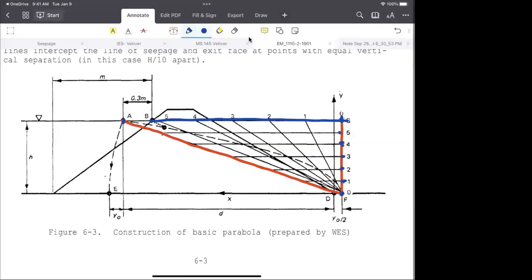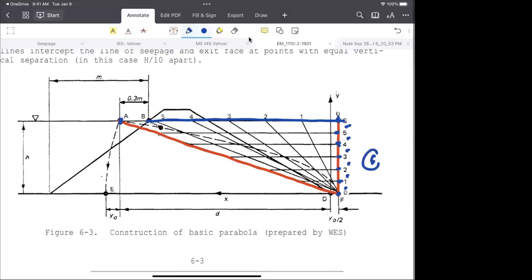So 1, 2, 3, 4, 5, 6: 6 different points. If we break G and F into 6 points, we also break A and G into 6 points, equal distance.